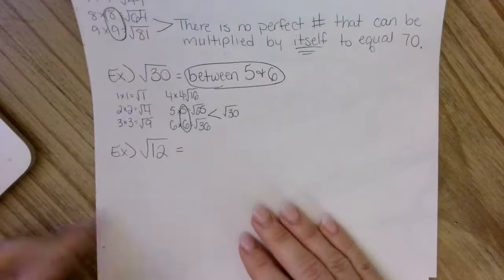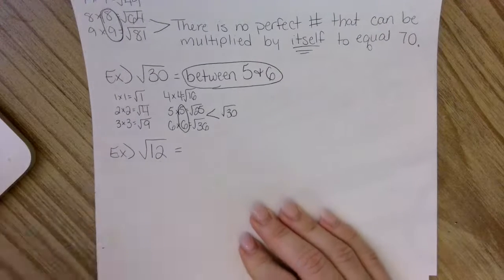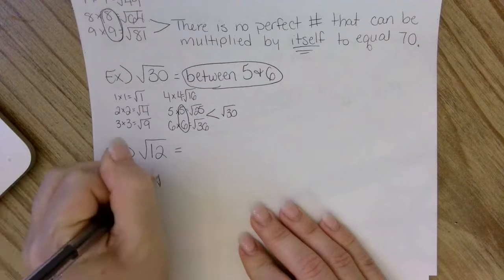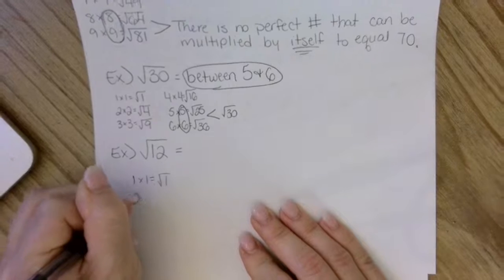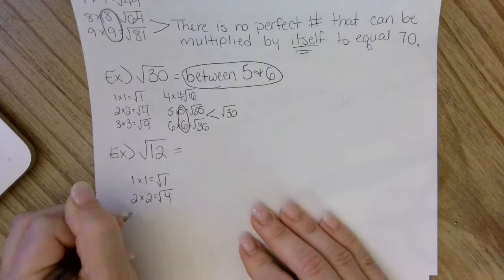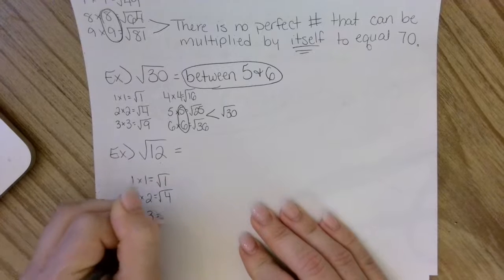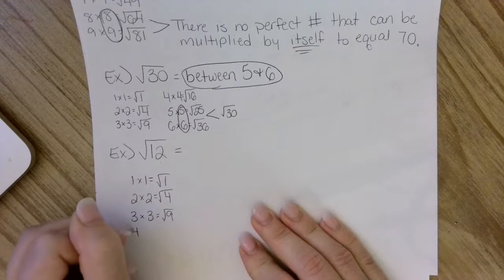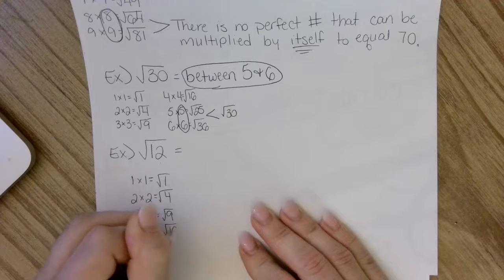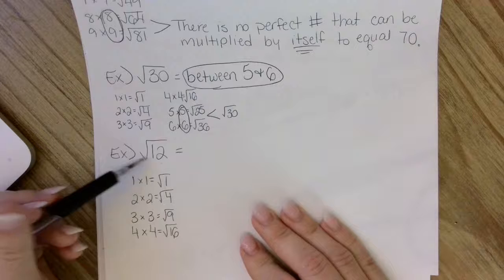Now let's do one more together, and then I'm going to turn y'all loose on homework. Square root 12. So again, until you get more comfortable, you can just go through the list. 1 times 1 is 1. 2 times 2 is 4. 3 times 3 is 9. 4 times 4 is 16, and I'm going to stop there because I'm looking for square root 12.